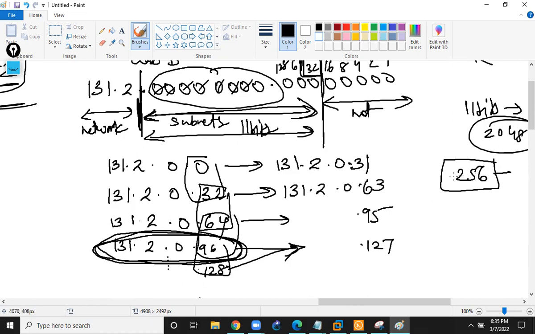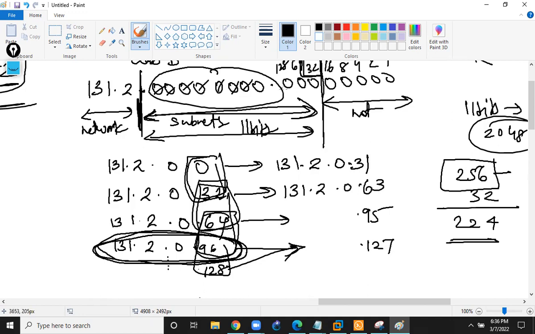What is the block size here? 32 is the block size. Everywhere you are adding 32, that's the block size. So you decrease the block size from 256. So 256 minus 32 is 224. 224 is the last one.